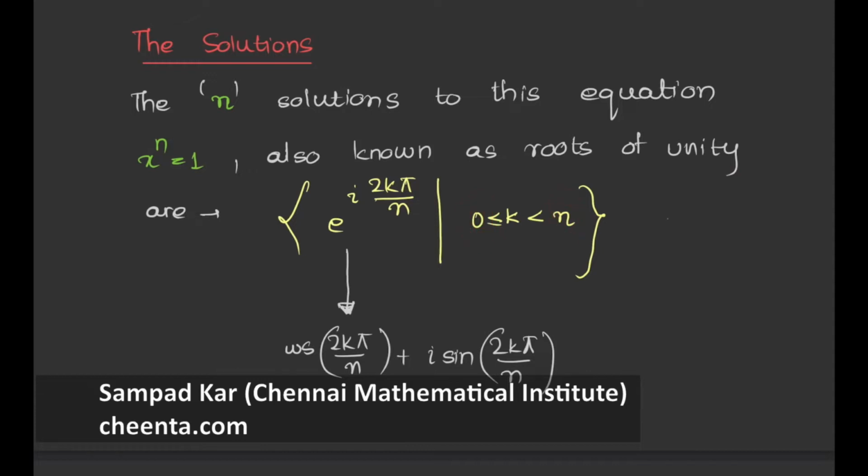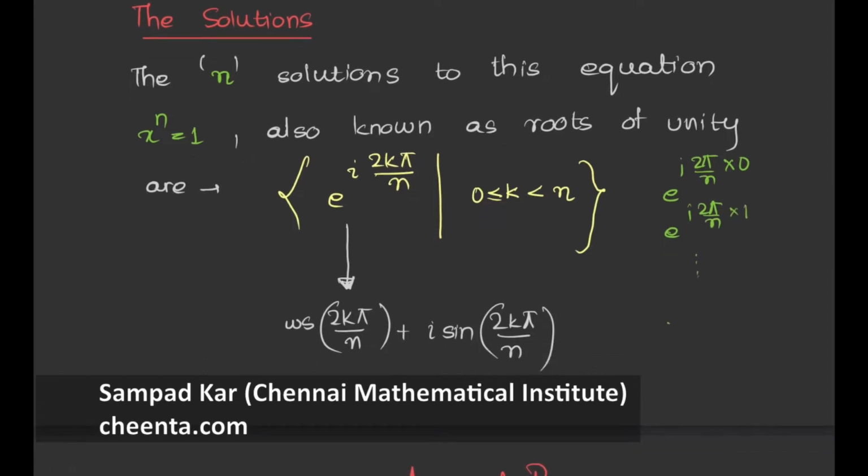So essentially we have the solutions of the form e to the power i 2 pi by n times 0, e to the power i 2 pi by n times 1, up to e to the power i 2 pi by n times n minus 1. As you can see, these form the n roots of unity.